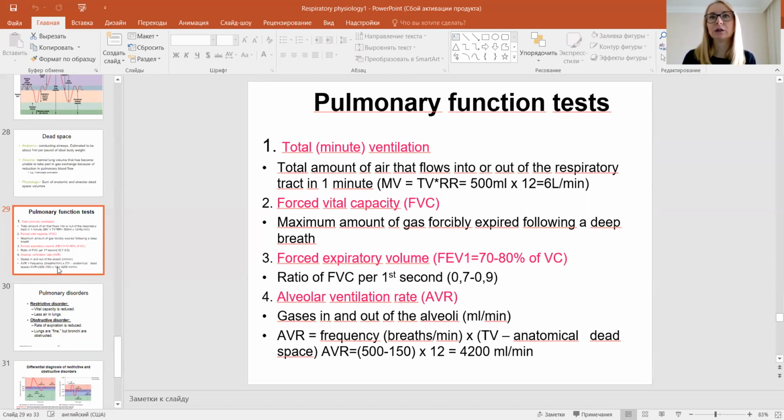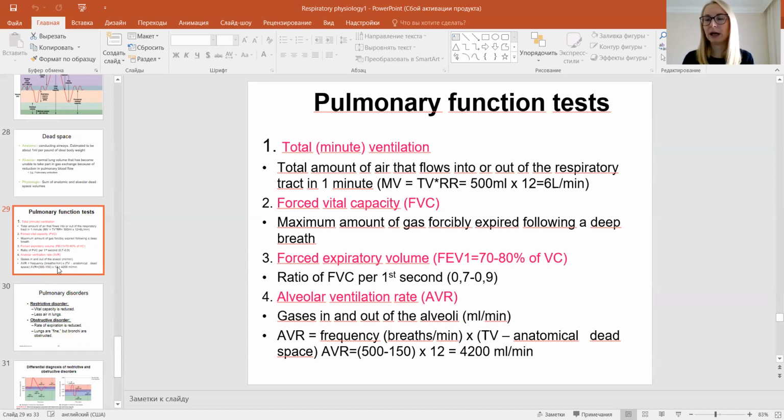Second one is forced expiratory volume in 1 second, or FEV1, expressed as a percentage part of lung vital capacity, which can be exhaled after maximal inspiration during maximal forced expiration in the first second. This index allows differential diagnostics between restrictive and obstructive ventilation disorders.